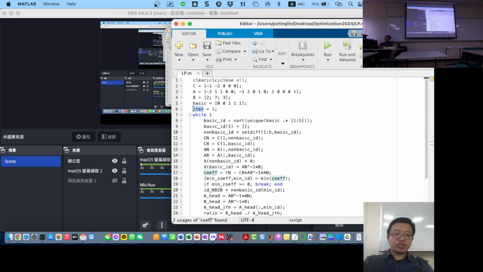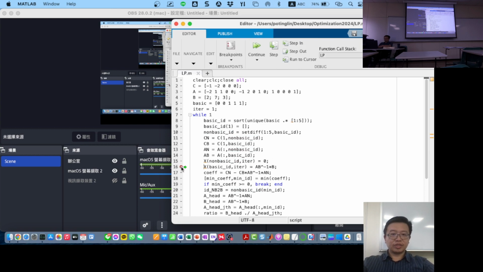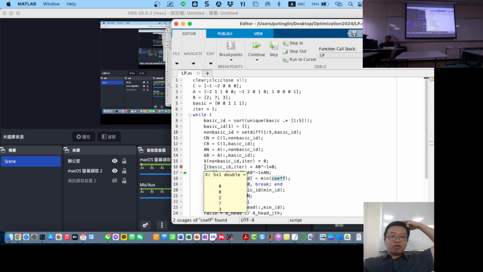Let me add an iteration number here. So iter. They are horizontal, so I should do this, comma iter. Okay, so let's do it again. After, they become vertical.